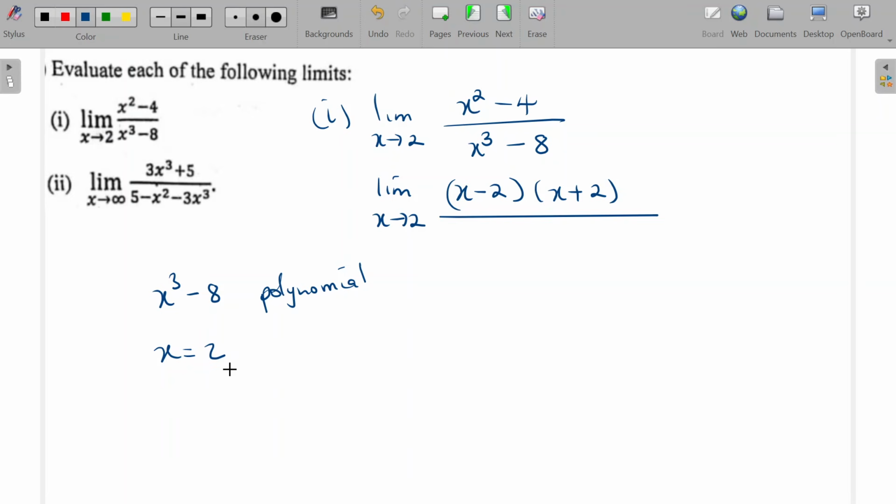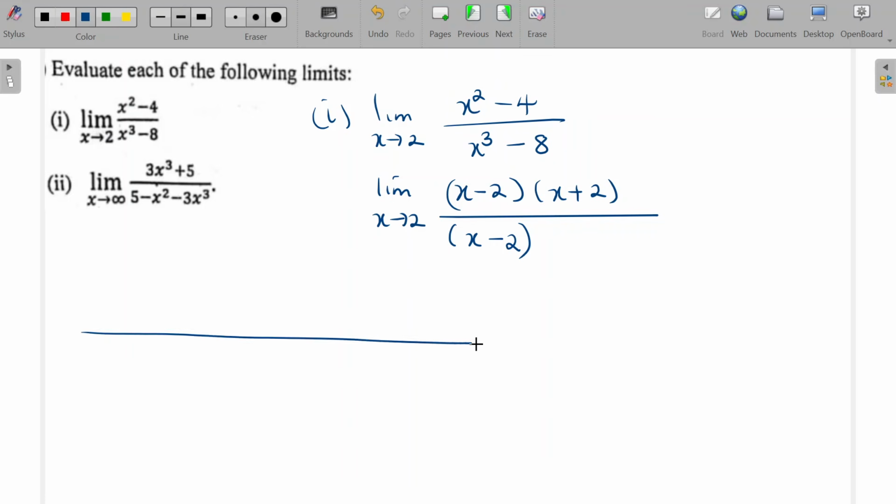So our x minus 2 is our factor. Then what other equation are you going to write here? You use synthetic division to come up with a new equation.